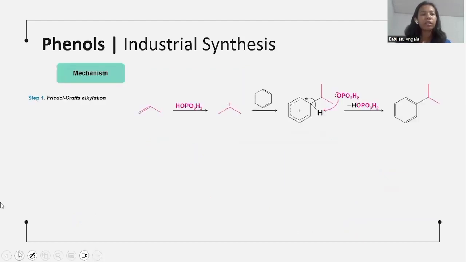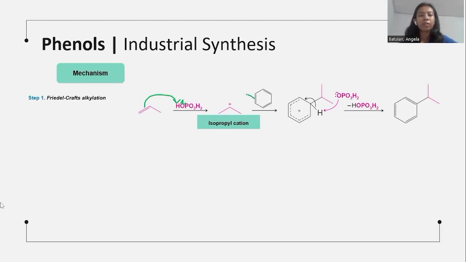So, isa-isayin natin. So, sa Friedel-Crafts alkylation, iba to sa Friedel-Crafts acylation kasi alkyl group yung ina-add natin dun sa aromatic ring instead na acyl group. So, itong alkene group natin will protonate. Ayan. So, pupunta yan dito sa O, yung negative charge. Maging negative charge yung O, tapos makaka-produce tayo ng isopropyl cation.